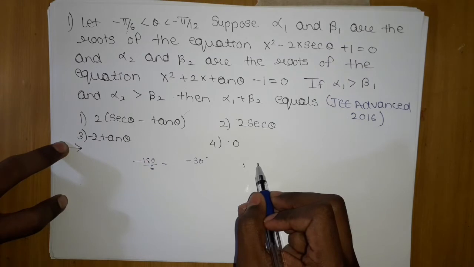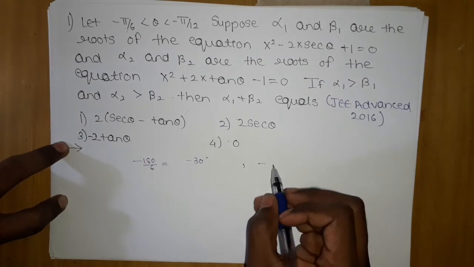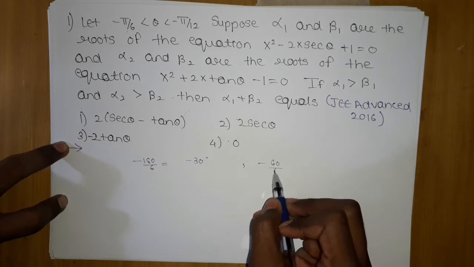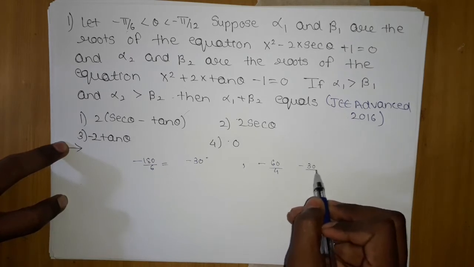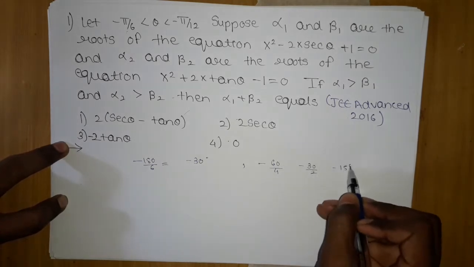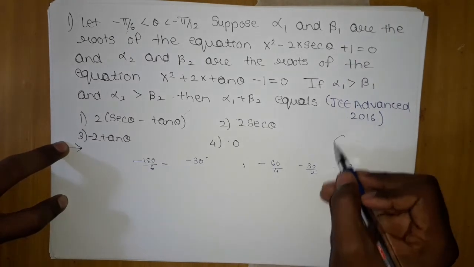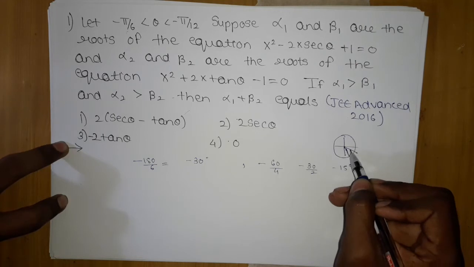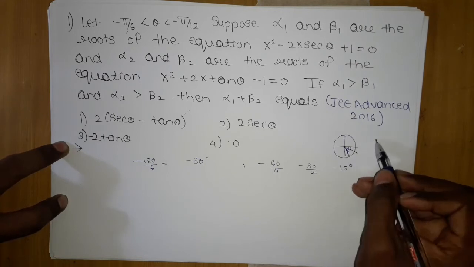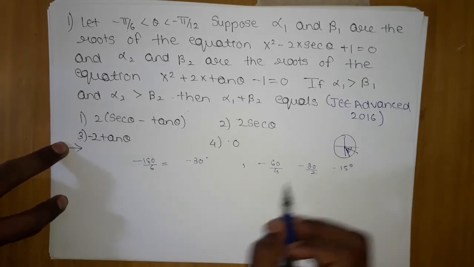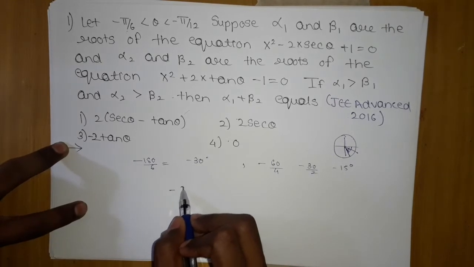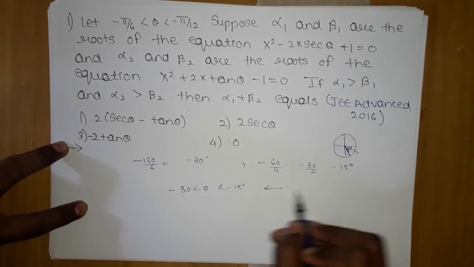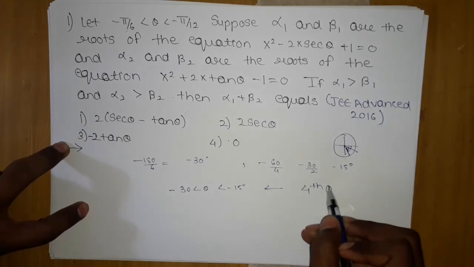And this is something like 15 degrees, I guess: 60 upon 4, 30 upon 2, minus 15 degrees. If we take a circular arc like this, here 15 degrees, here 30 degrees. So theta lies between minus 30 degrees and minus 15 degrees, which is the fourth quadrant. That is the whole story.